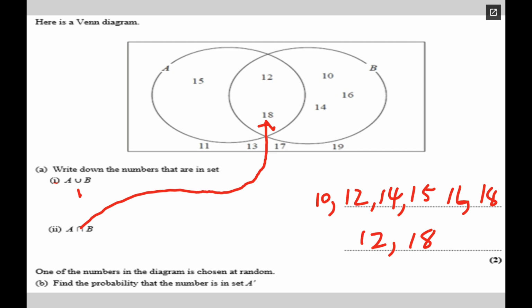It says here, one of the numbers in the diagram is chosen at random.